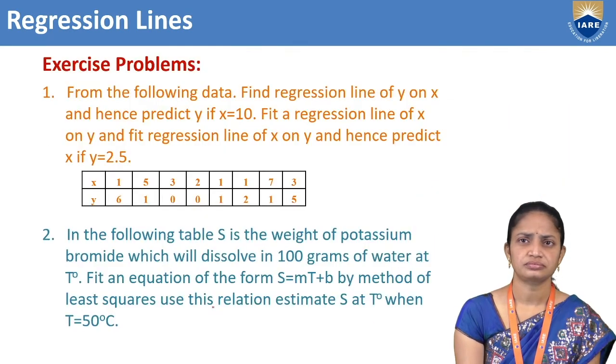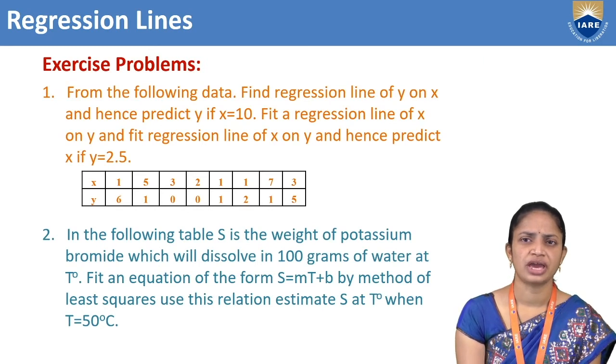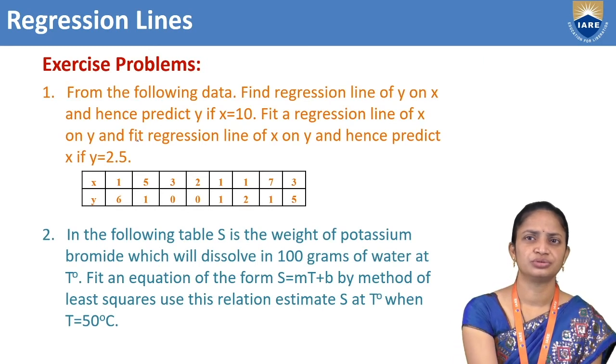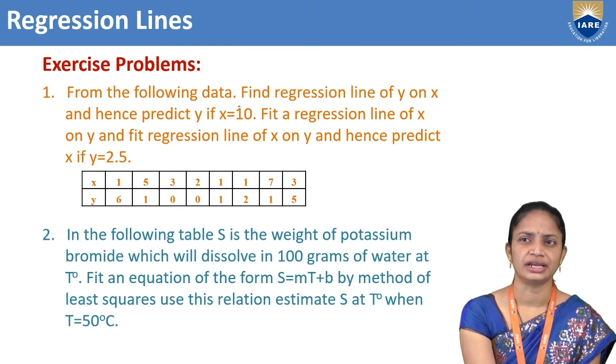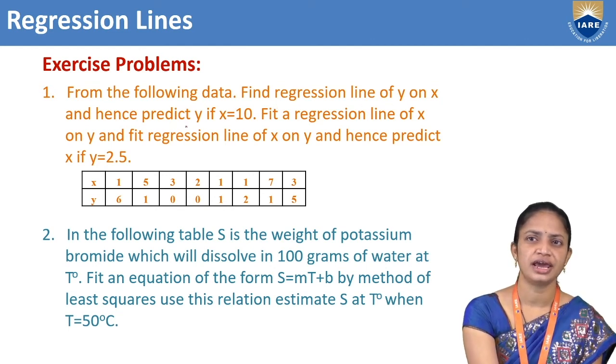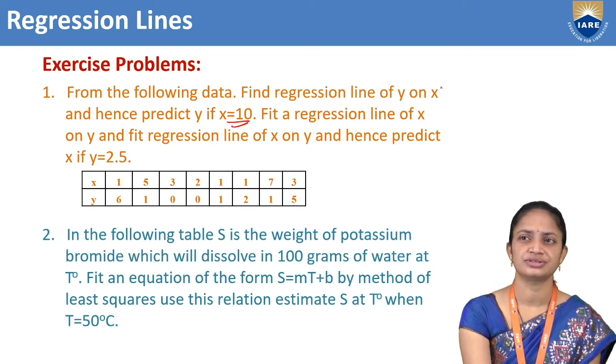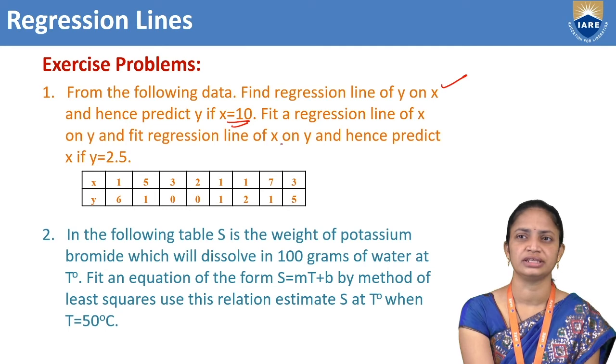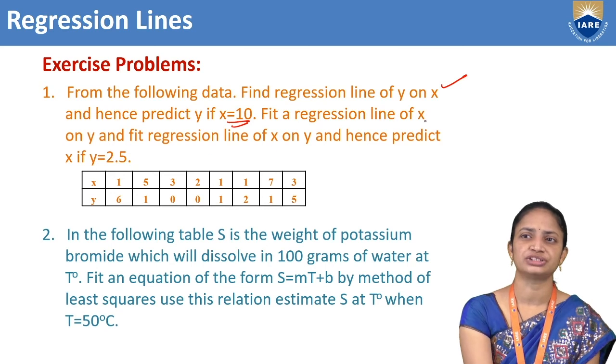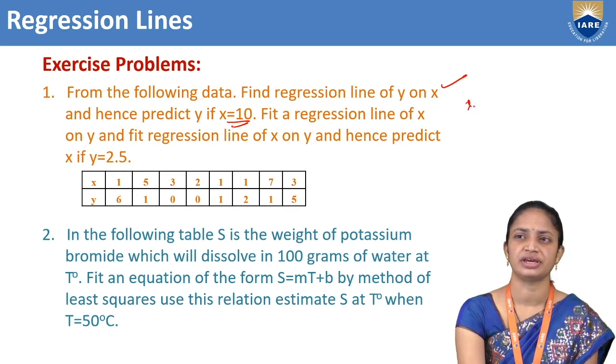Now we have exercise problems. From the following data, find the regression line of y on x and hence predict y if x equal to 10. Here also the same procedure, already we have solved in the second problem. Also, we need to fit a regression line of x on y, that is x equal to a plus by.